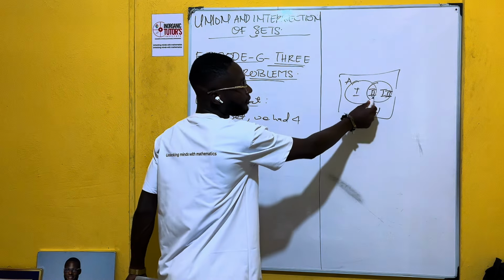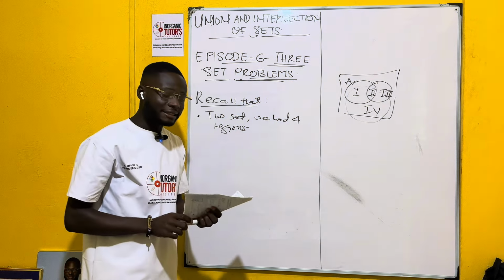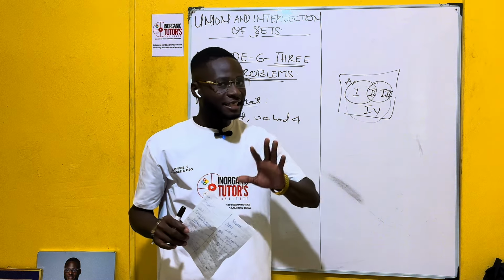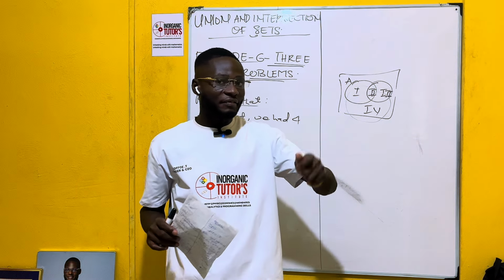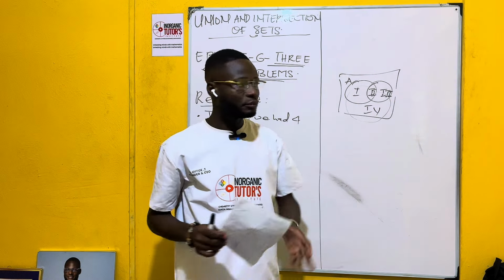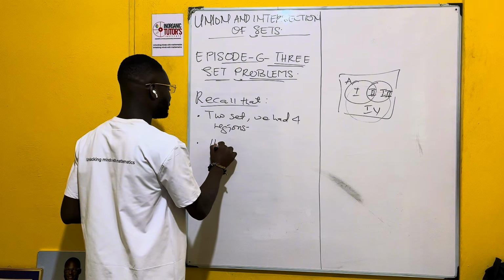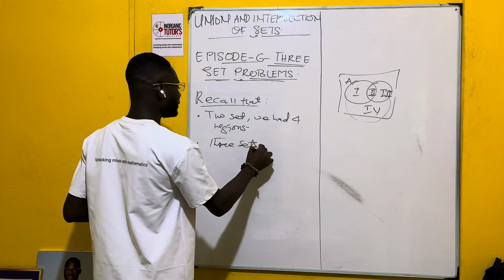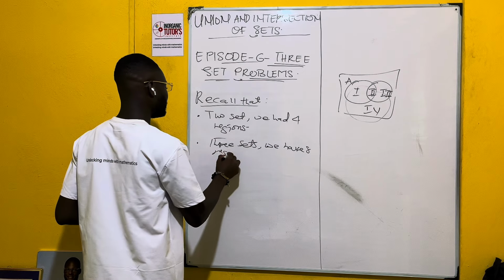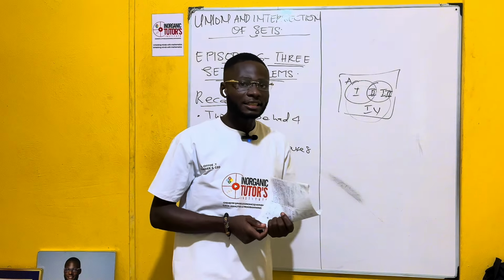But in the 3 set problem, we have 8 regions. It's basically 7, but if you add the complement section, this particular section, it becomes 8. So with the 3 sets, we have 8 regions.